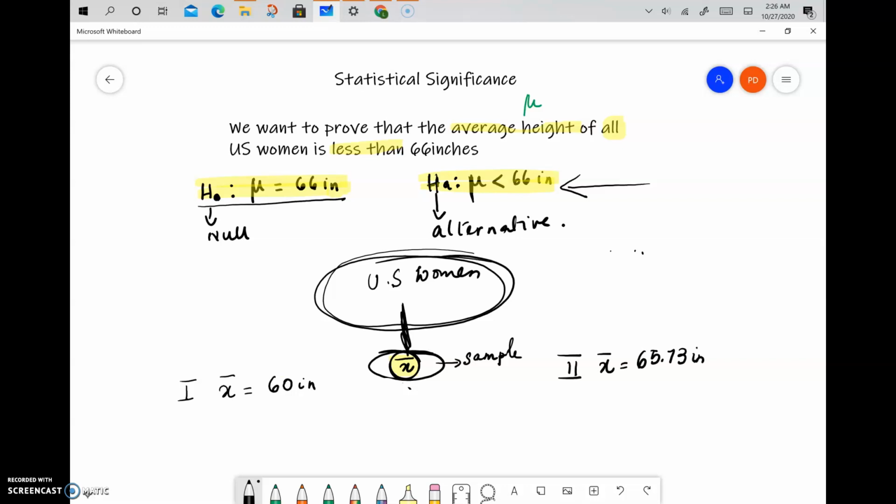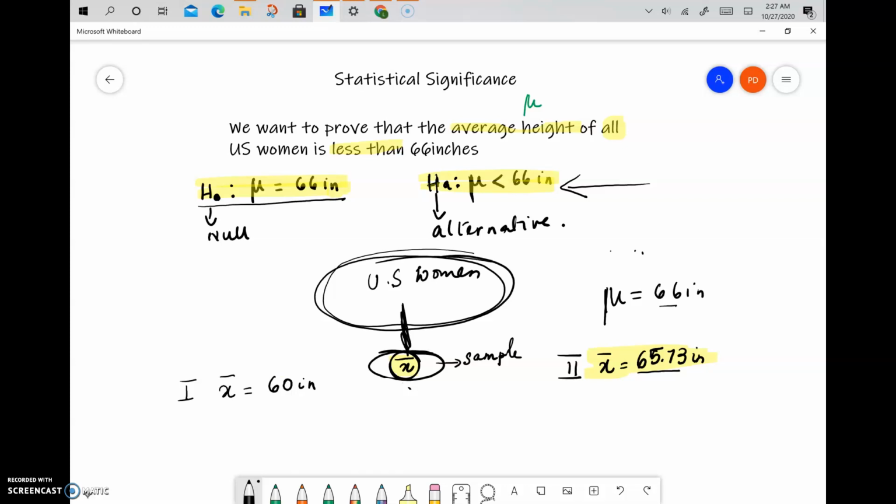So let's look at the second scenario first. Suppose X bar is 65.73 inches. And what everyone believes is that the average height of all American women is 66 inches. Now here, just because it is slightly less than 66, can we conclude that there is a difference in what is believed to be true and what is for real?